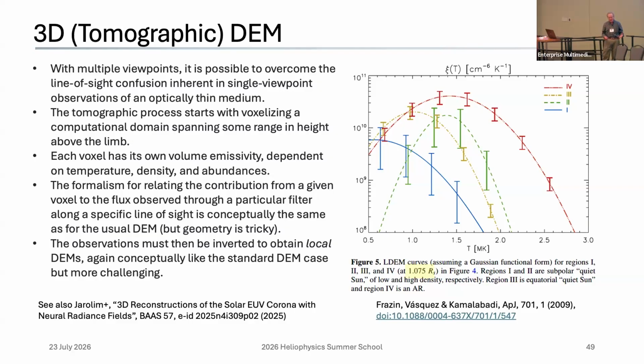It's an even more difficult inversion problem, but this is an example from this paper of different regions that have different emission measures, different regions and different radii, right? You can at least take a region and probe its temperature structure as a function of height, which you cannot do with a single line of sight because the height dimension, or whatever the dimension is along your line of sight, gets collapsed.